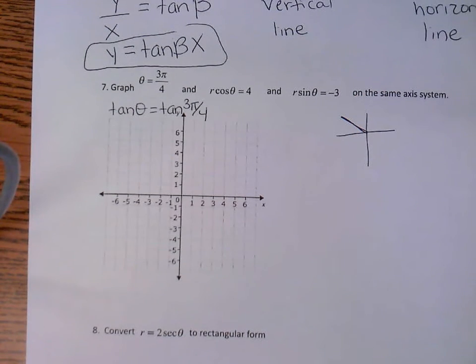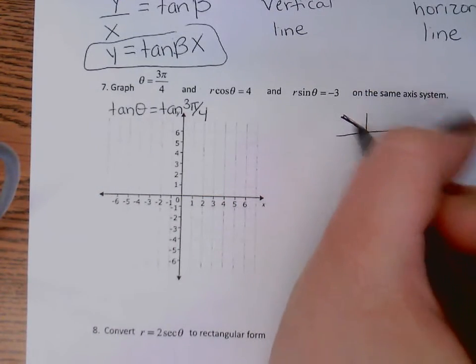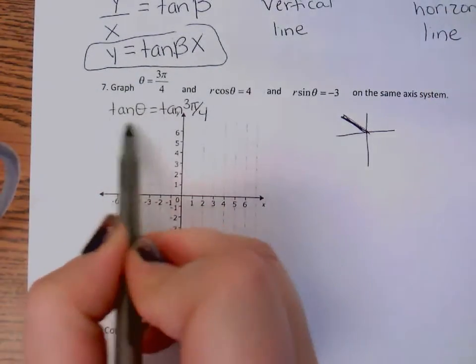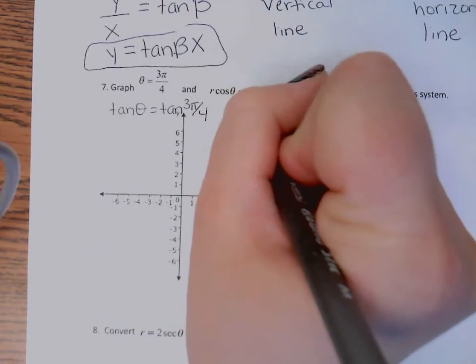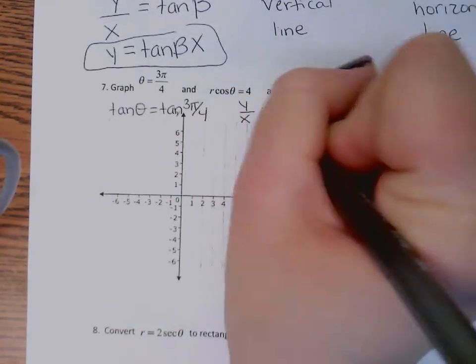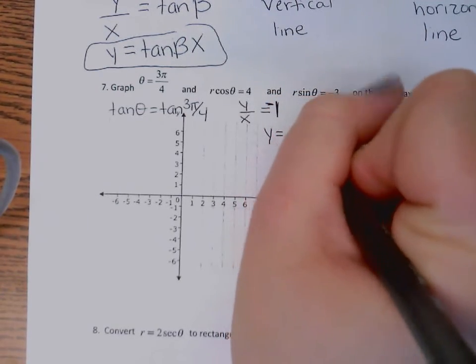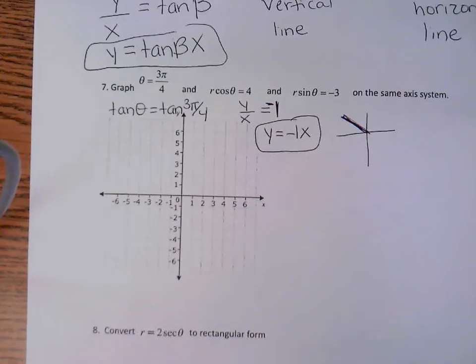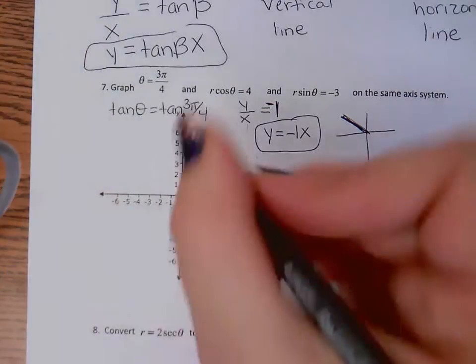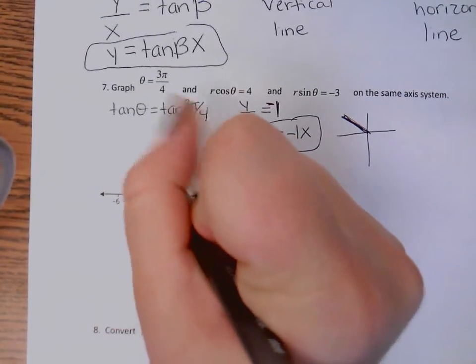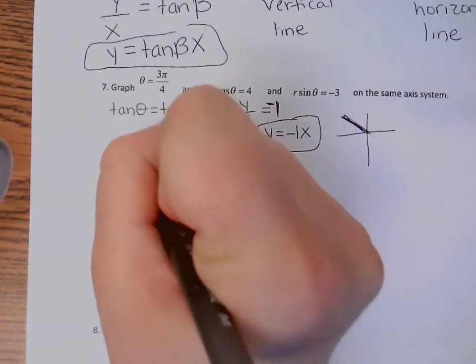So it's the tangent of 45 degrees, which is 1. So it actually is -1 as a slope. So this line would have a slope of -1. So it would be y over x equals 1. Oh, sorry, -1. So y equals -1x is the first equation. So that's just a line through the origin with a slope of -1.